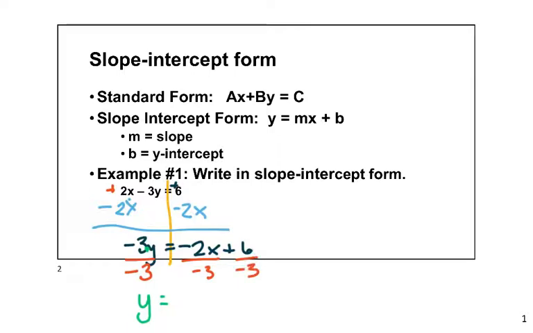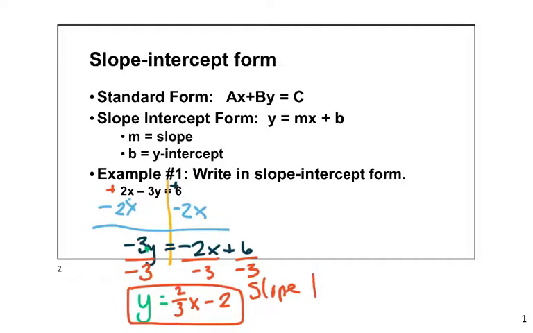And so officially, the negative 2 and the negative 3 becomes positive 2/3 with an x, and then the 6 and the negative 3 become negative 2. And so here is our slope-intercept format from the standard format.